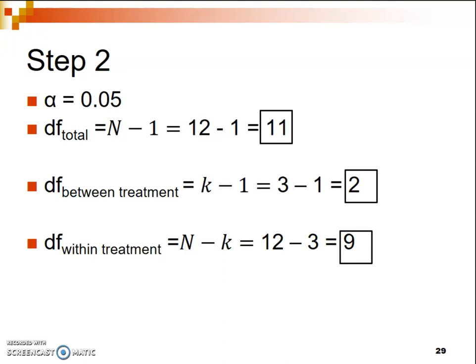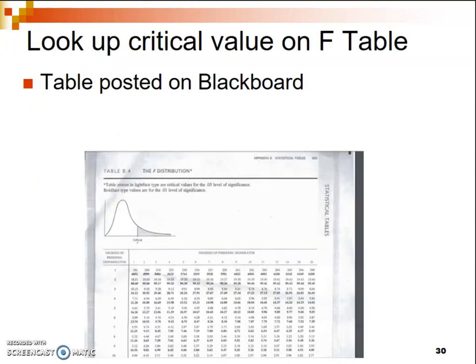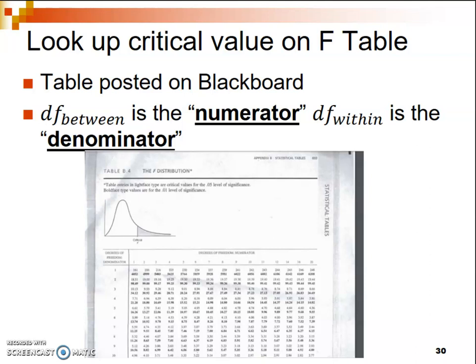So let's look at how to look up our critical value for F in this F table. Go ahead and go to the F table that's posted on Blackboard. In the F table, the degrees of freedom between is going to be the numerator that you're looking up, and the degrees of freedom within is the denominator.